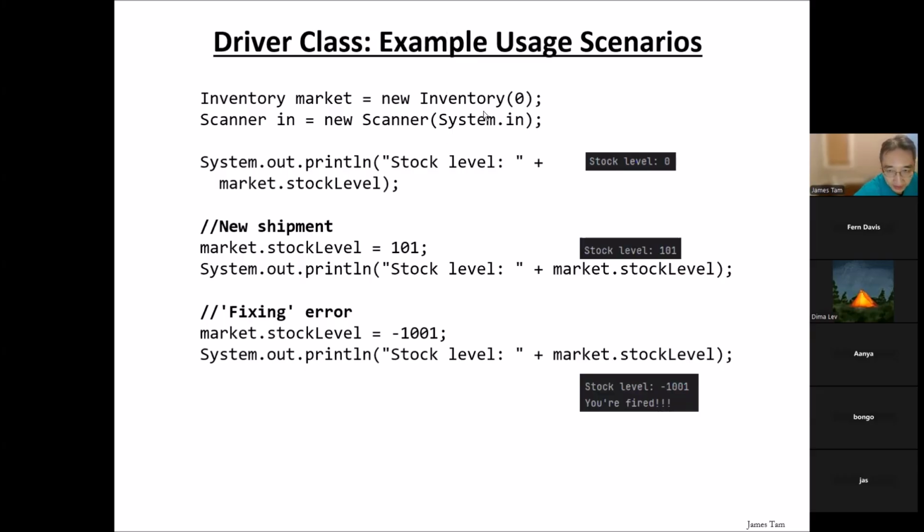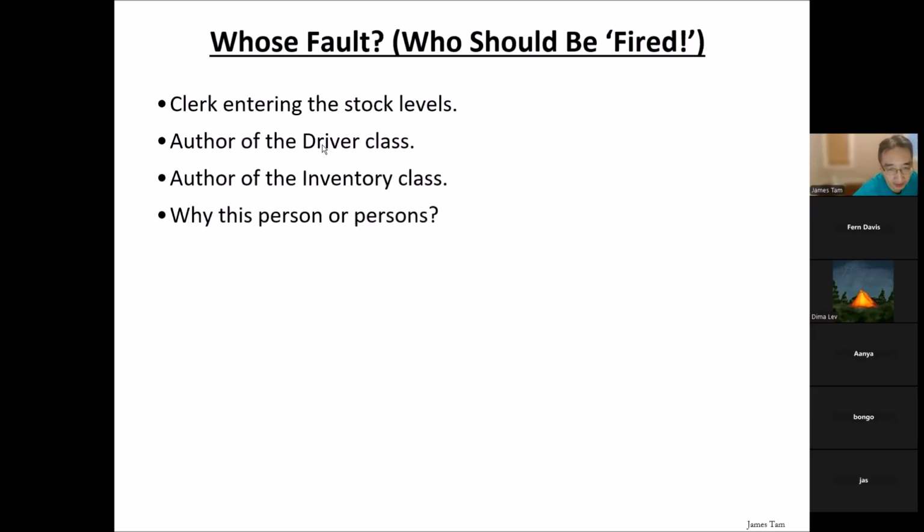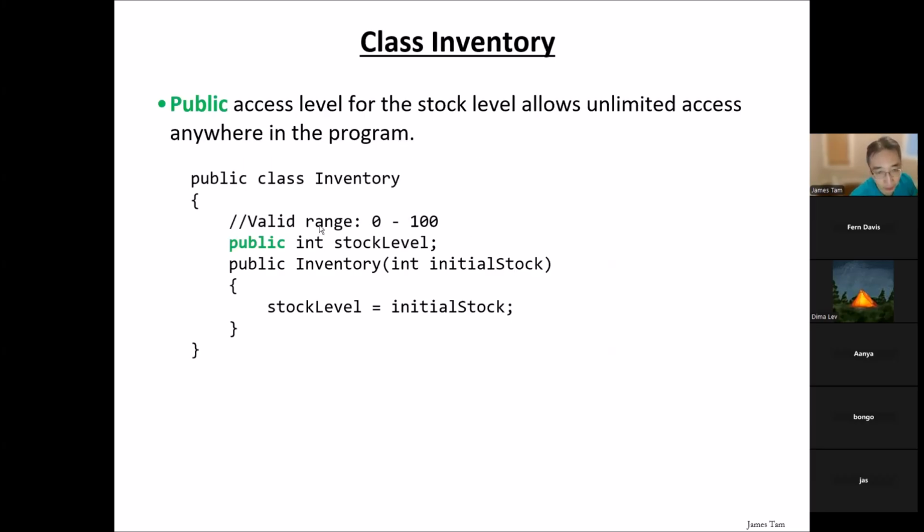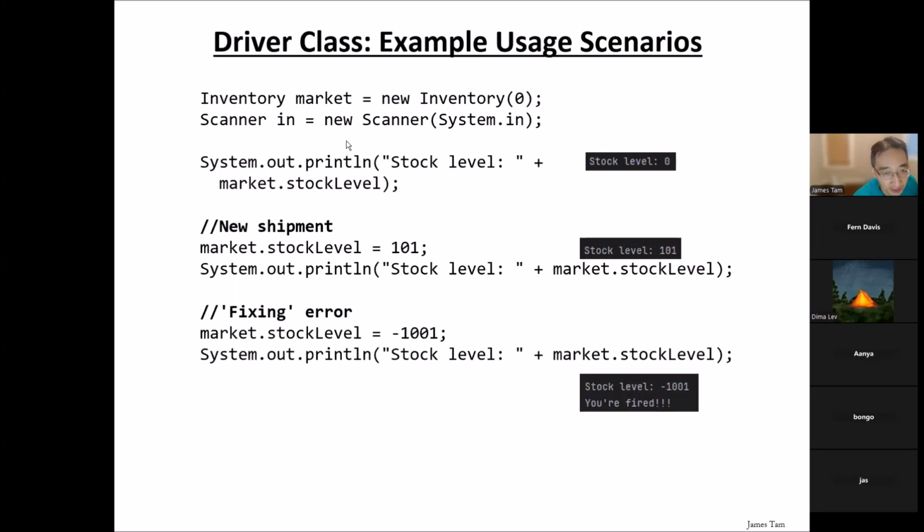The driver class is using the inventory class. So that's the second person. The third person, and sometimes there might be overlap, but frequently in a real life program, you have multiple classes. You divvy up the work as you do the project. The inventory class. It's very much possible that this person is different from the person who wrote this code, the driver.